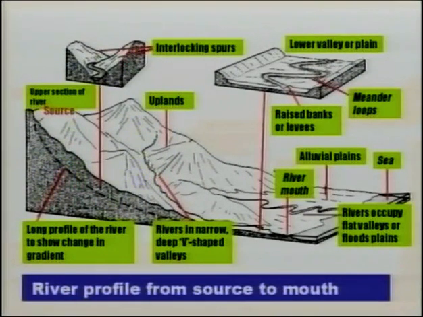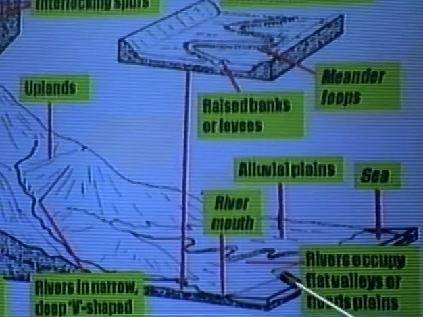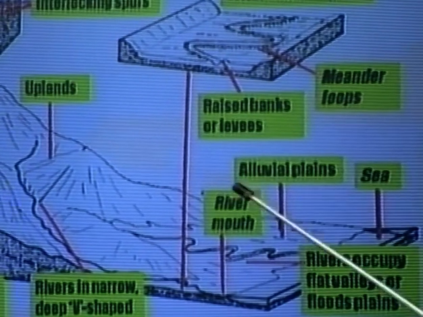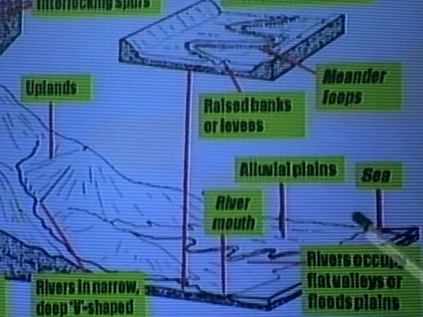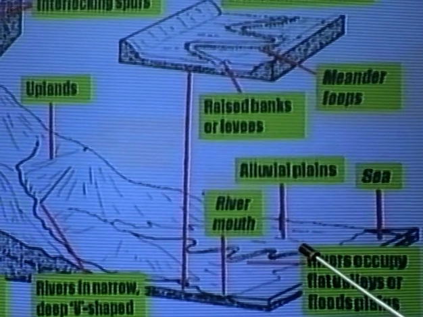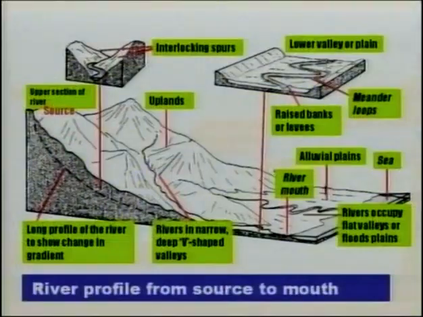So at the mouth, or the last stage, you will find that the river bank is very wide. Also note that because the water flowing in the last stage is slow, the most dominant work carried out in this last stage is deposition. Most of those features which are formed in the last stage of a river valley are depositional features.